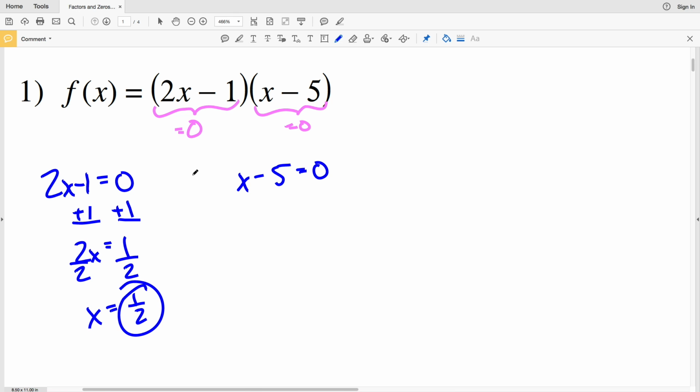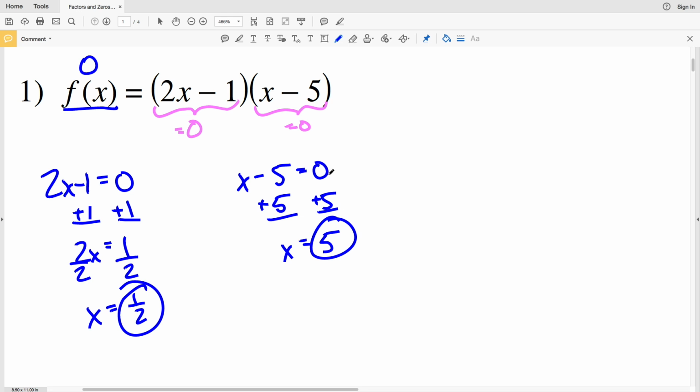So again, if we were to plug 1/2 in for x, we would get 2 times 1/2 minus 1, and that would equal 0. And 0 times x minus 5 equals 0. Now let's look at when x minus 5 equals 0. We'll add 5 to both sides to get that x is equal to a positive 5.